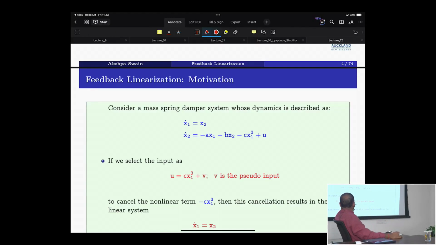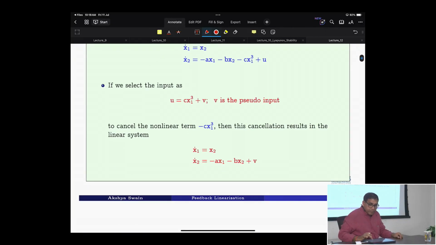You see, if I select u equal to c x1 cube plus v, where v is the new input, then this cancellation of the nonlinear term results in a linear system. x1 dot is equal to x2 and x2 dot is equal to minus a x1 minus b x2 plus v, and v now you design. v is your new control input, right?